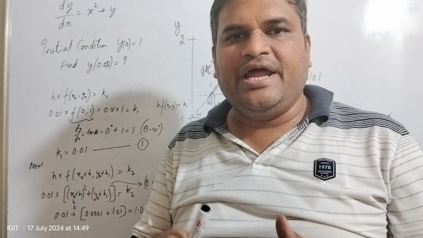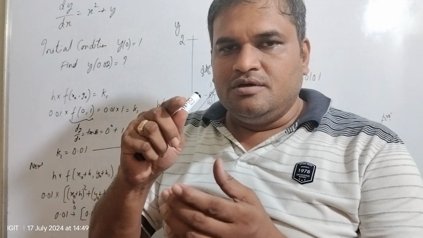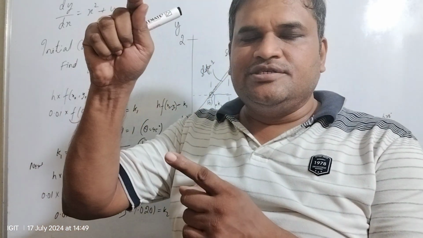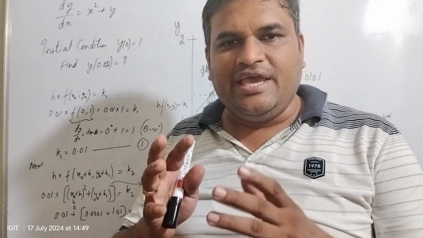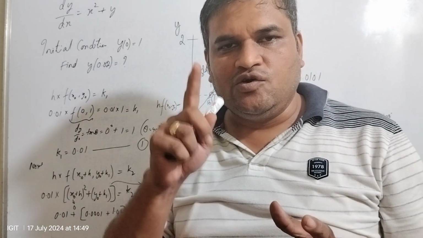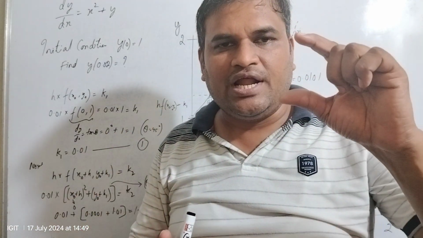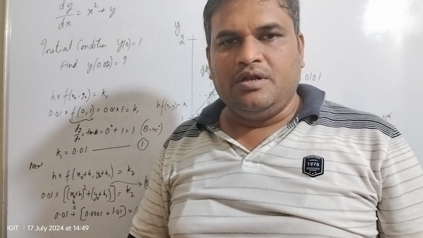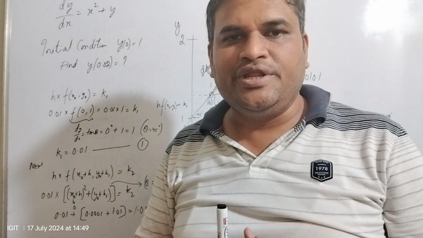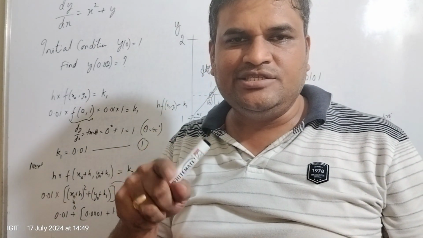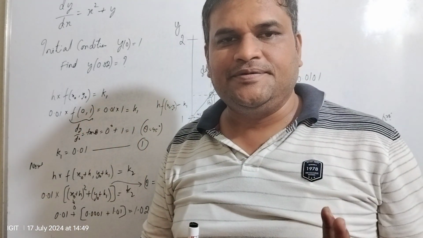So h multiplied with f(x0, y0) will give you, for the small distance in x, the small height it has reached, that is k1. So k1 = h times f(x0, y0). We get a small height k1. Now, once we get k1, what is the new position? The new position coordinate will be, in the x-axis, x0 + h, and in the y-axis, y0 + k1.